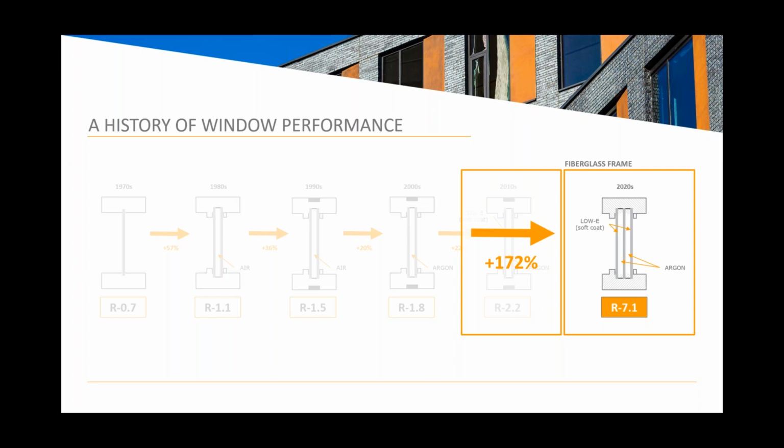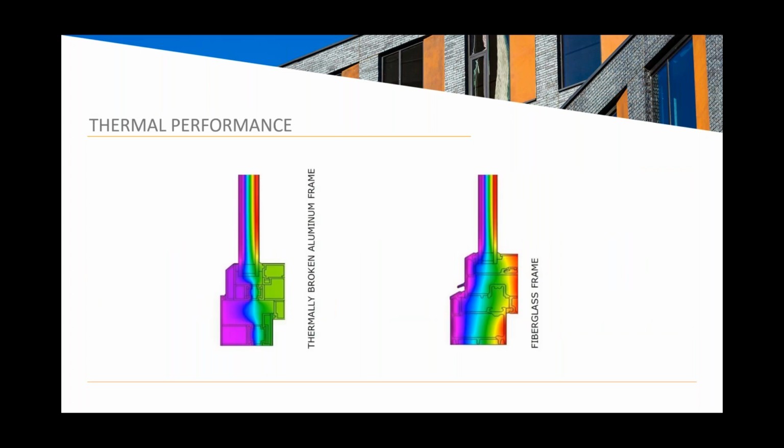So you don't need to pay more for high performance anymore. It's being regulated, and manufacturers are coming to the table with these improved products for about the same cost as what we were seeing there from the 2010s. So traditional, commonly thermally broken aluminum frames are shown here on the left.